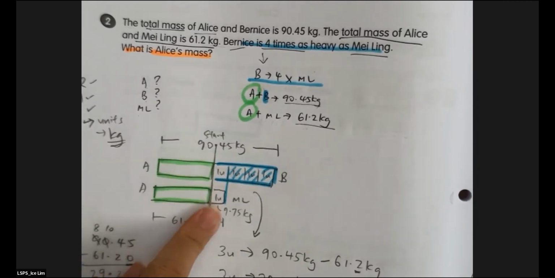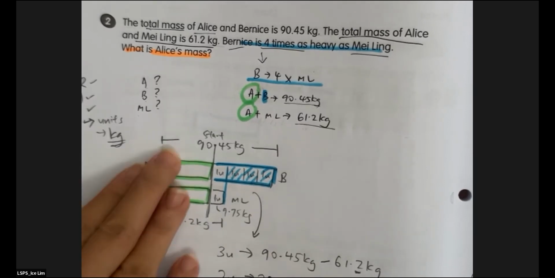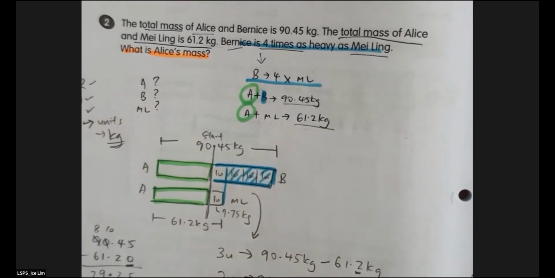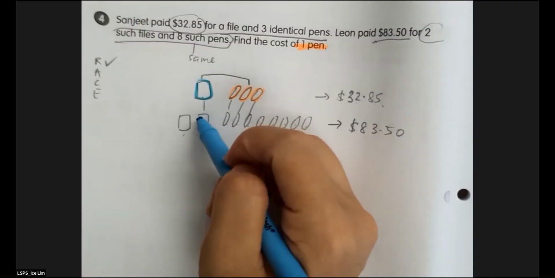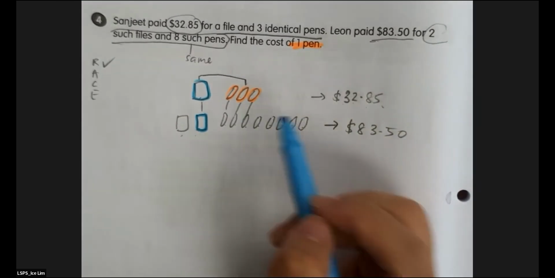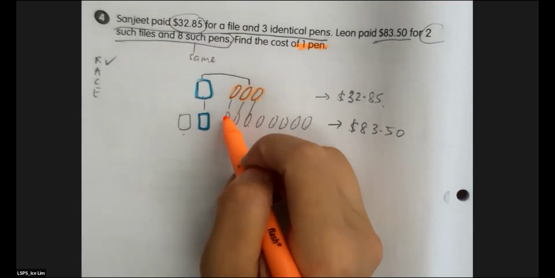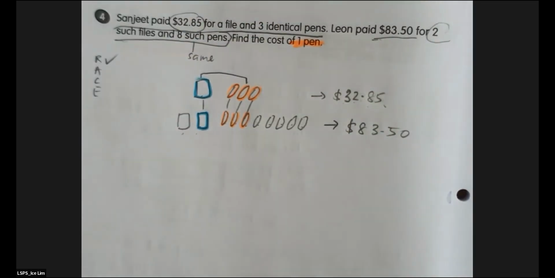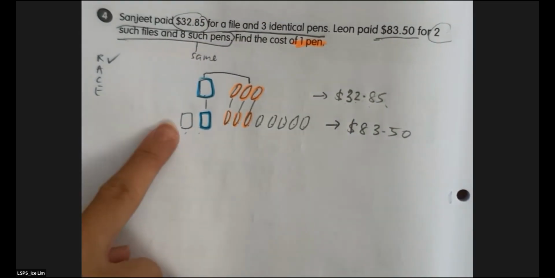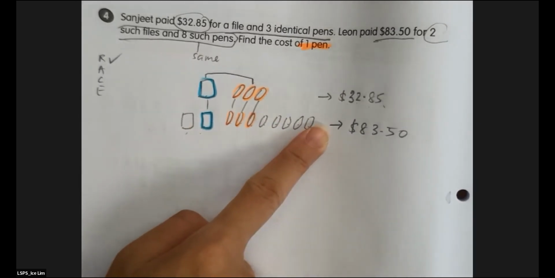I did a subtraction to immediately take away Alice. Here I repeated 1 file and 3 pens. Do you think subtracting will be good enough? No, not good enough, because see so much extra popping up.